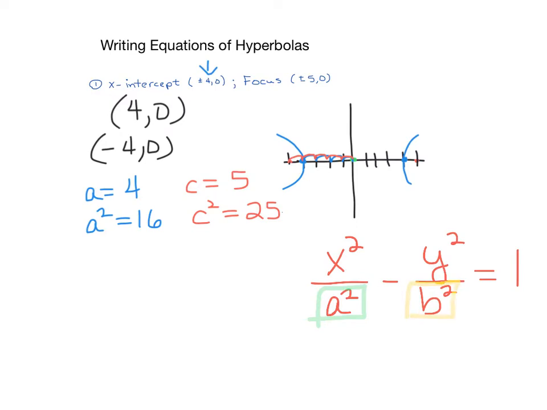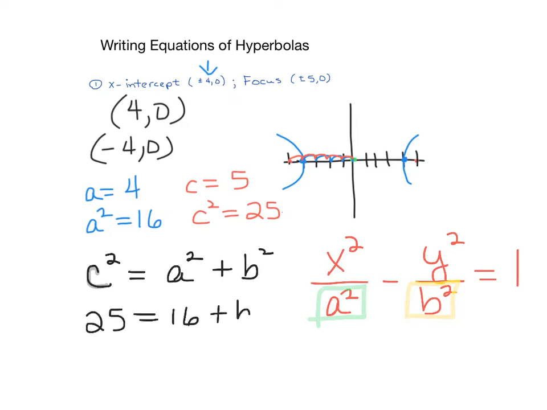So all I'm really trying to find out here is what a squared equals and what b squared equals. I've already found a squared, so now to find b squared, I'm using this formula: c squared equals a squared plus b squared. Remember, with the hyperbolas, it's a plus sign. When it was the ellipse, it had a minus sign in this formula. So I'm going to replace the c and the a. c squared is 25, a squared is 16.